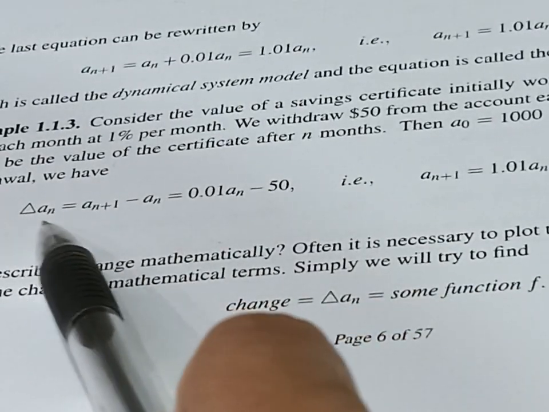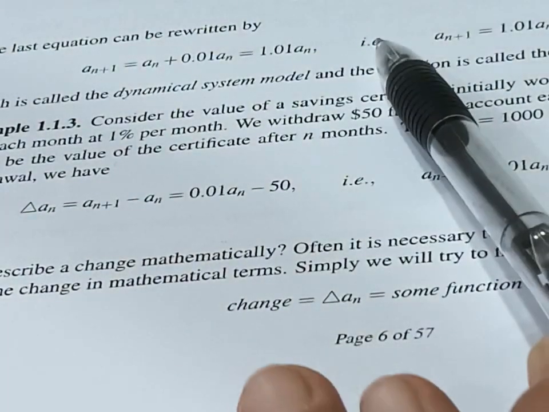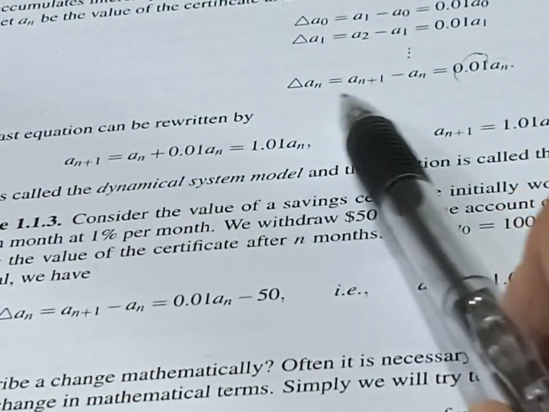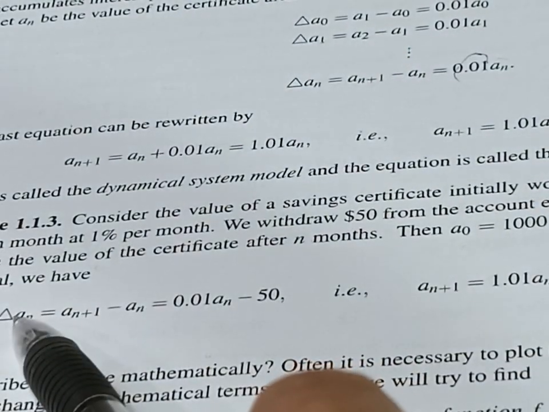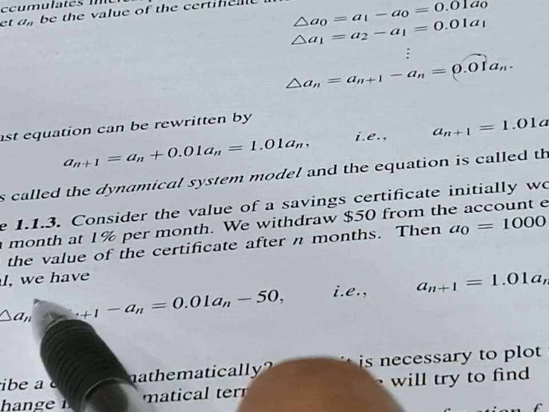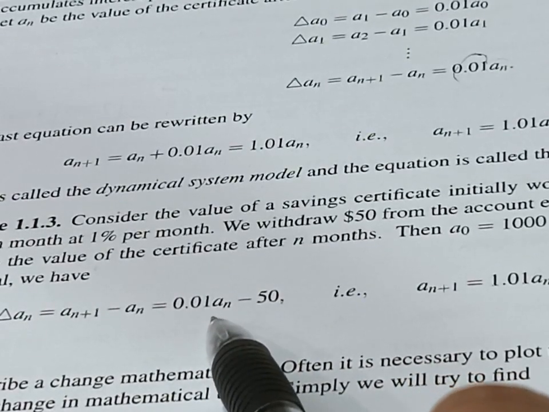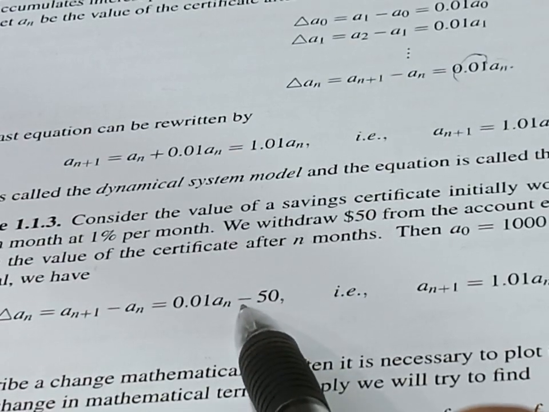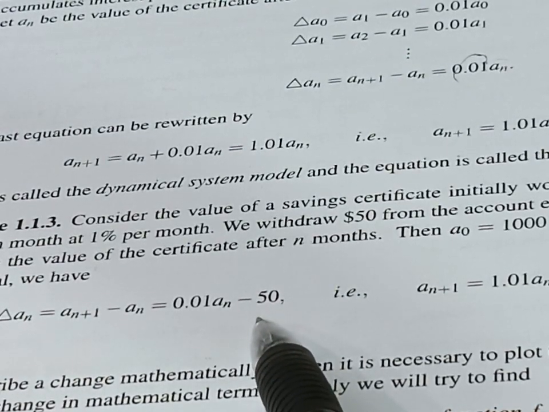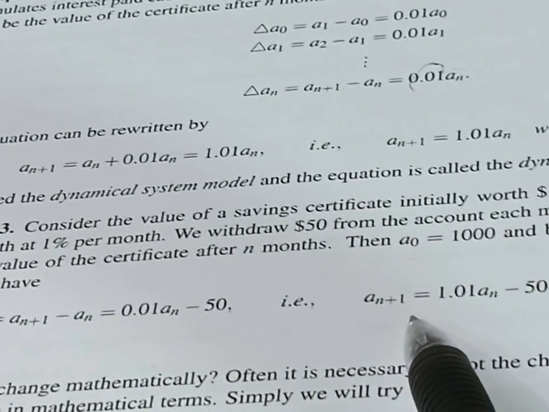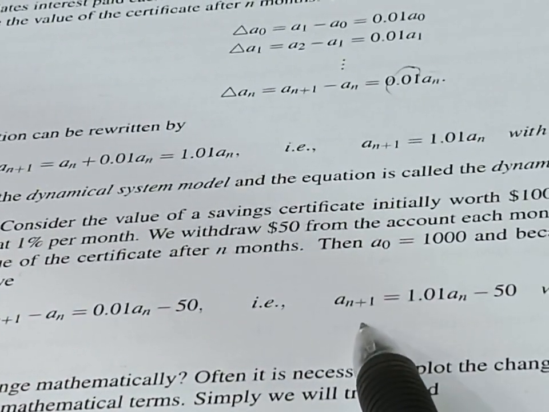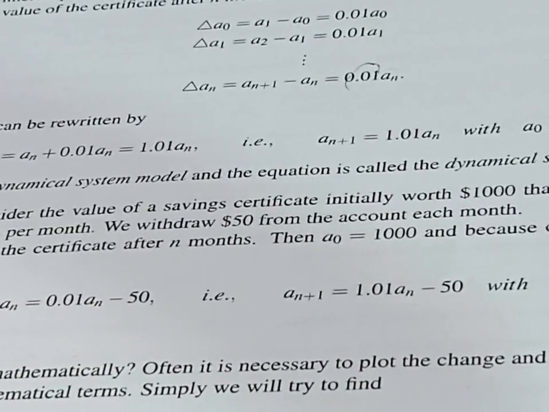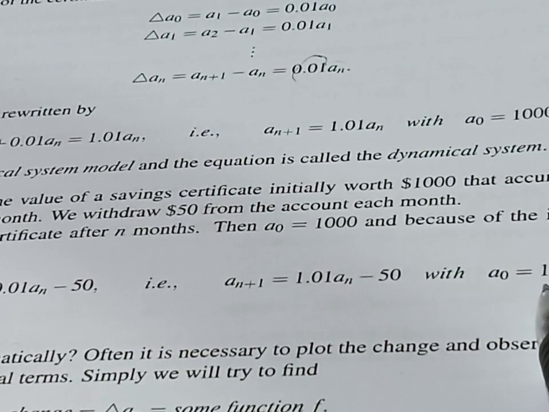The earlier example, 1.1.2, has this equation, but now since we withdraw $50 monthly, we add another minus 50. So the numerical system is given by a_(n+1) = 1.01 a_n minus 50, with a_0 equal to 1,000.